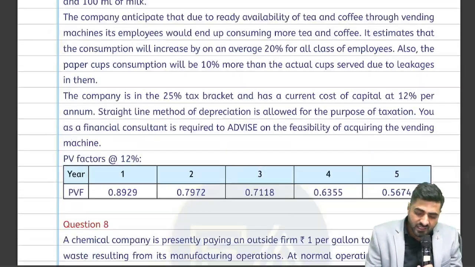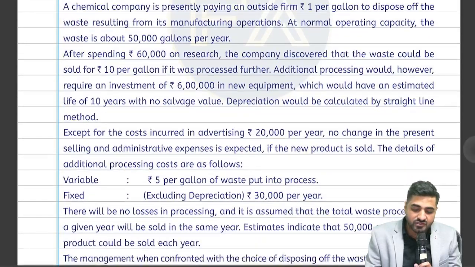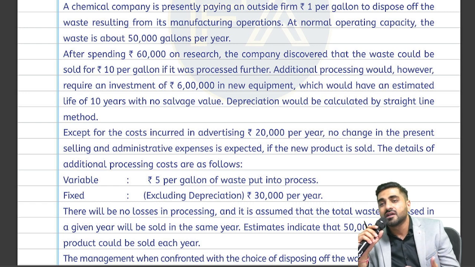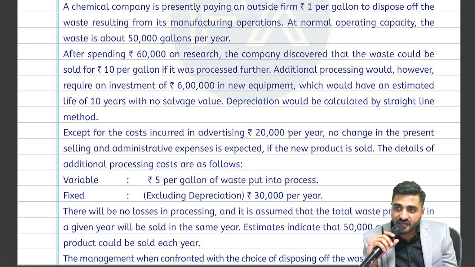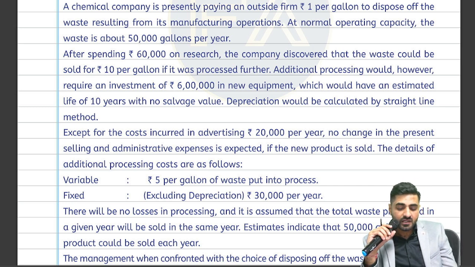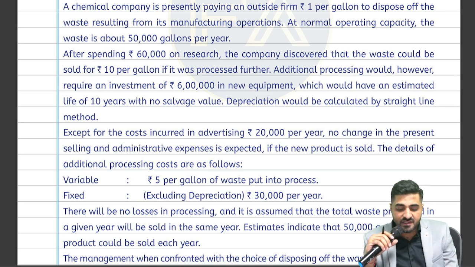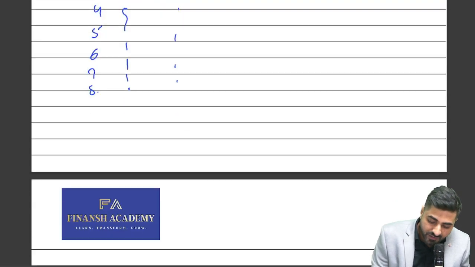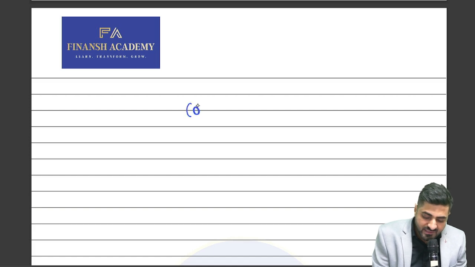Next, there is nothing new in this particular concept, you just have to take into consideration all the different cash outflows and cash inflows. That's it. Now, question number 8. In this particular question, there is a particular company, and this company is generating some waste.